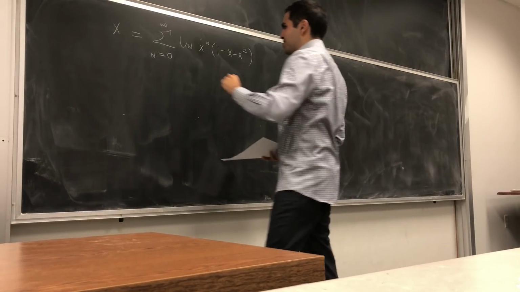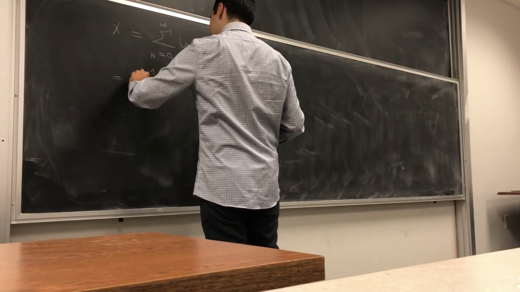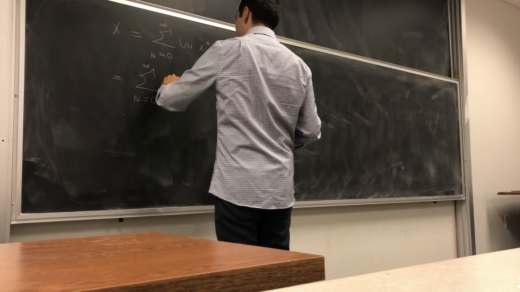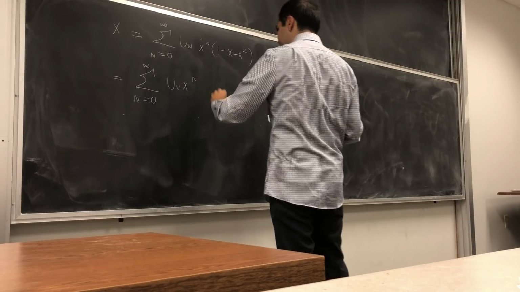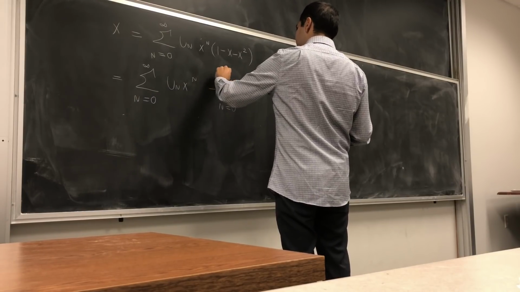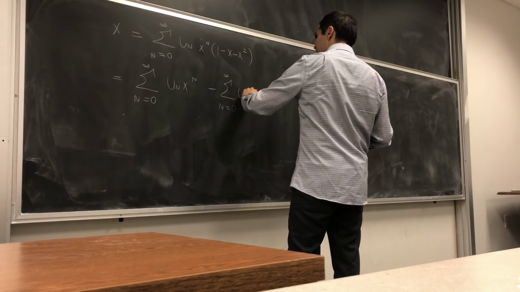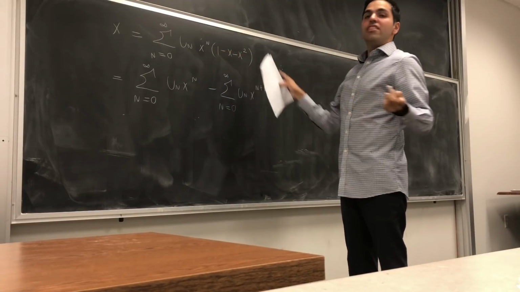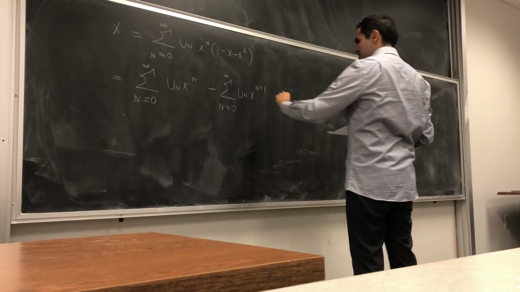Let's have another expansion party. This is the sum from 0 to infinity of u_n x^n minus the sum from 0 to infinity of u_n x^{n+1}. So x^n times x is x^{n+1}.